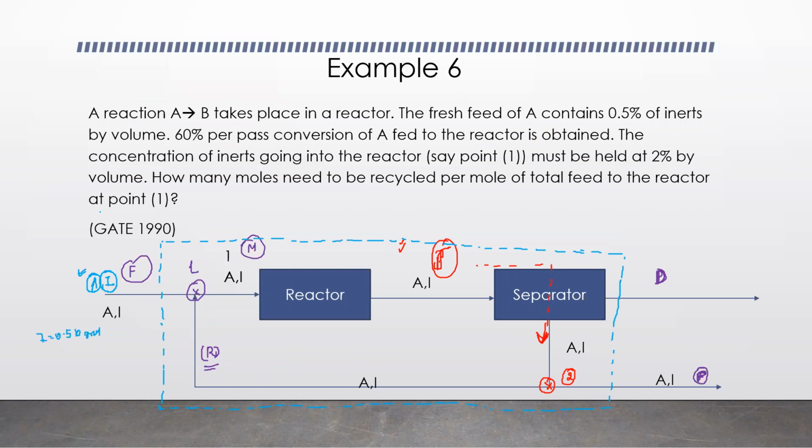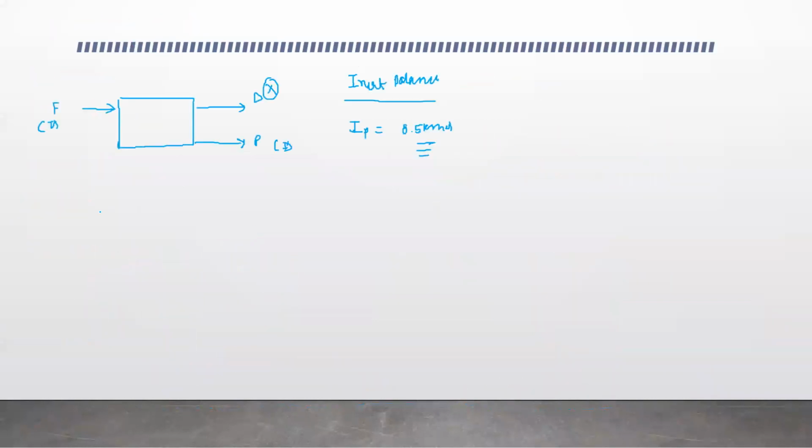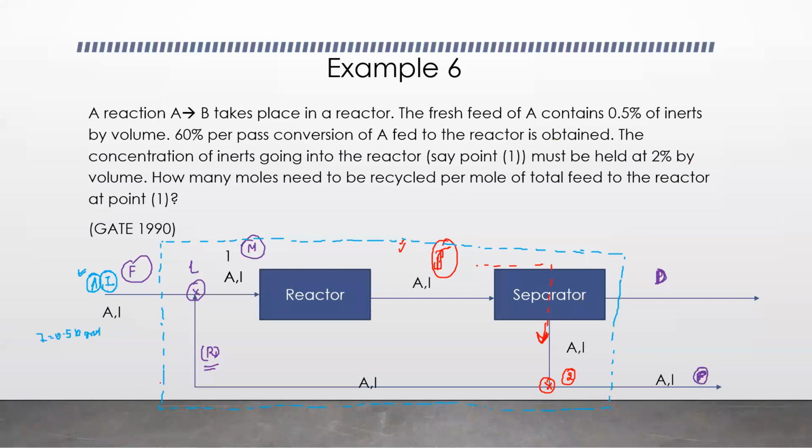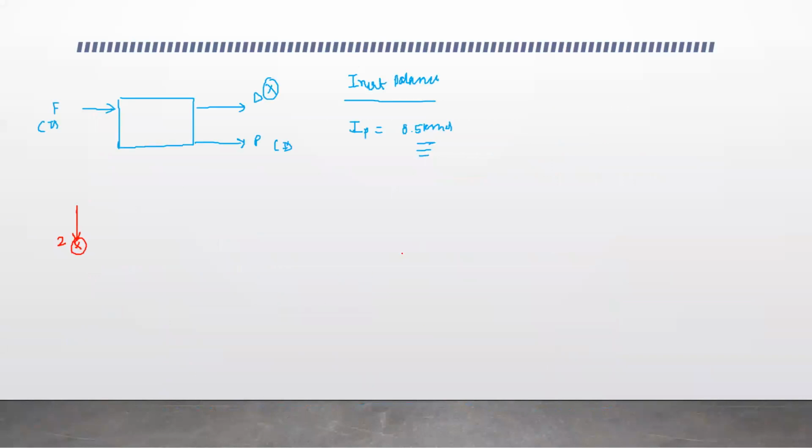Clear? Now we'll go to our junction number 2 and see what we can get from that. In junction number 2, let's call this stream P1.